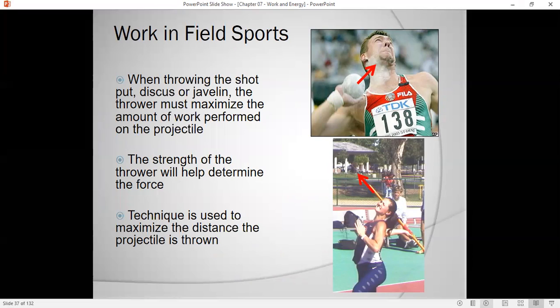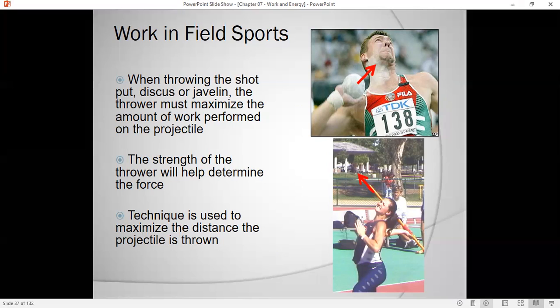When you're throwing something, such as a shot put in this field sport or throwing the javelin, you don't just give it a chuck. You actually use very specific motion. The shot put thrower will rotate their body in sort of a helical path and then release the shot put.